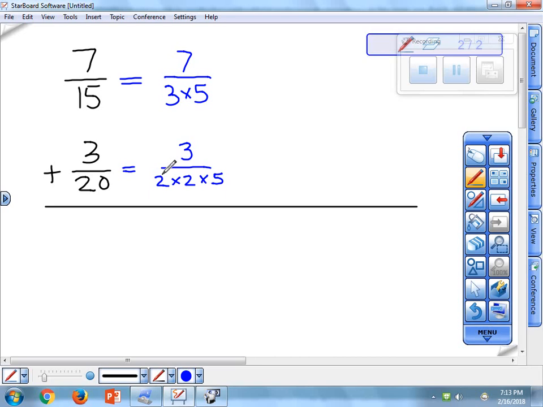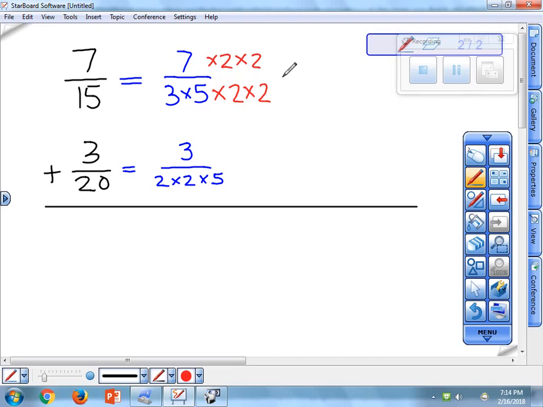Now, rather than multiplying the first fraction's numerator and denominator by 20, I really only need to multiply it by 2 and 2. In other words, I'm getting the two 2's that were missing from the denominator of the second fraction so that they're included here. And I have to do the same thing in the numerator too.